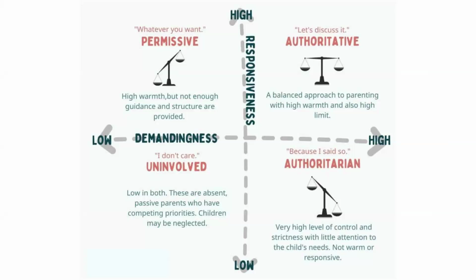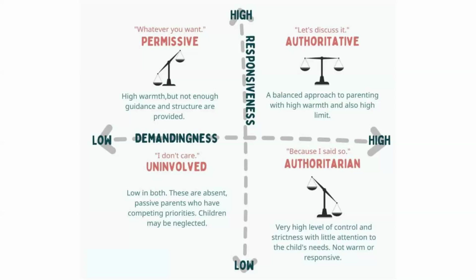Authoritative parents are those who always say let's discuss. They're high in responsiveness and also high in demandingness. They have a balanced approach of parenting. They'll give you warmth with limitations, like they'll ask your opinion, they'll discuss everything.